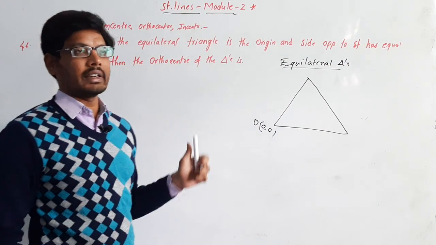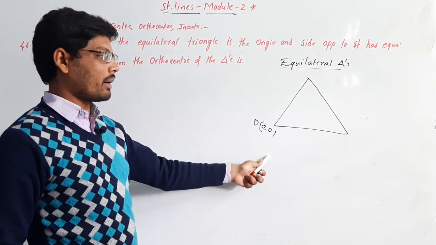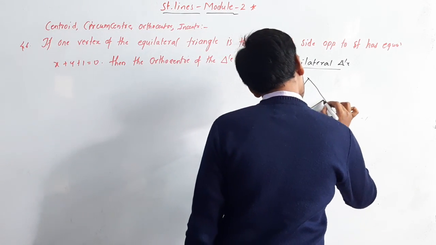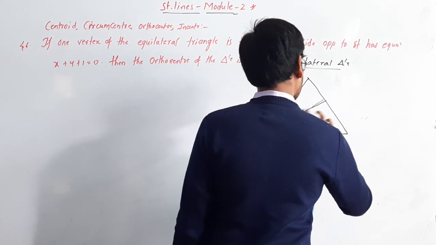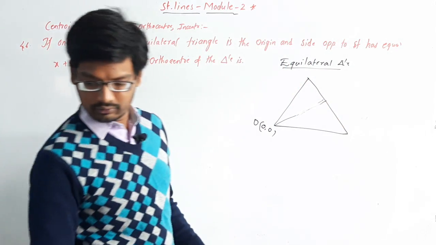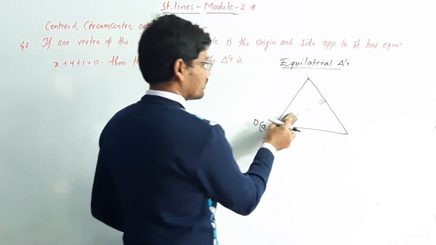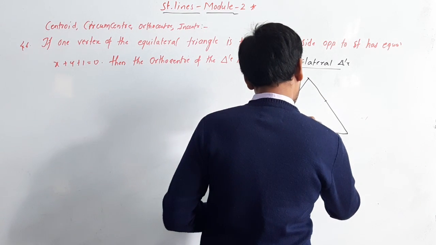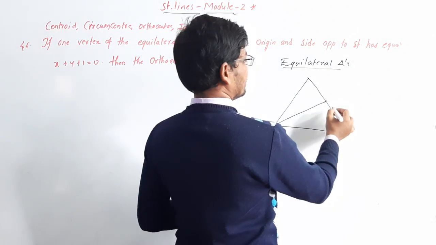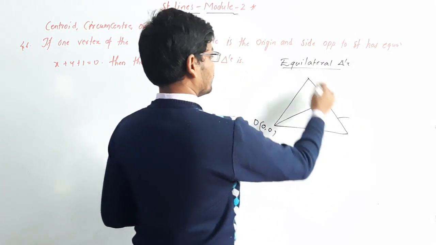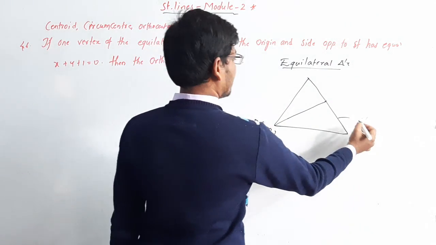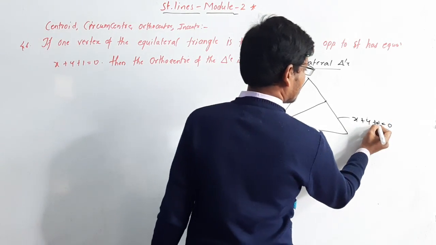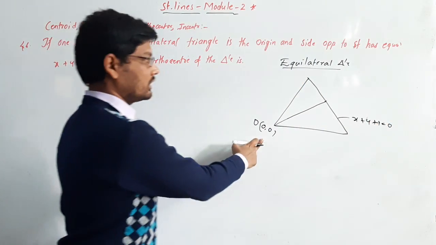This is the origin 0, 0, and the line which is opposite to this point, that is this straight line. The equation of this opposite side line is x plus y plus 1 is equal to 0. This is the equation of the line opposite to this origin.